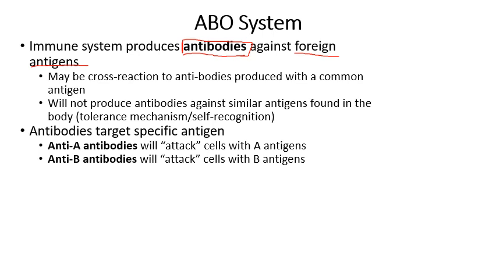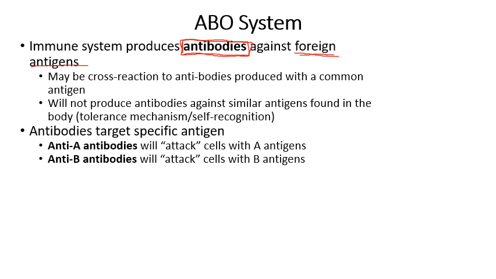But if it sees a tag, an antigen, that it doesn't recognize or recognizes as foreign, then your immune system will make antibodies against it. Then the immune system will go fight and destroy it. So they will make antibodies against foreign antigens.